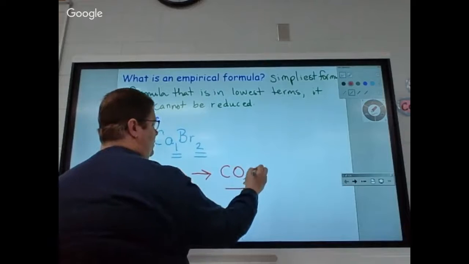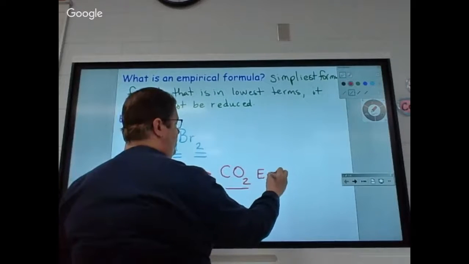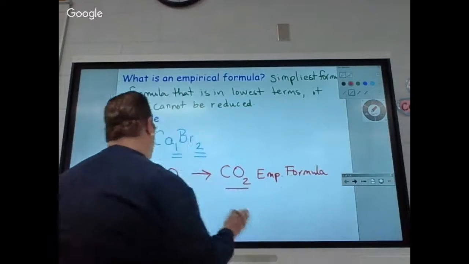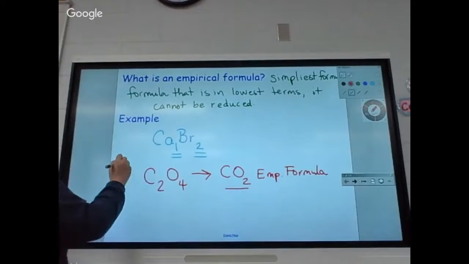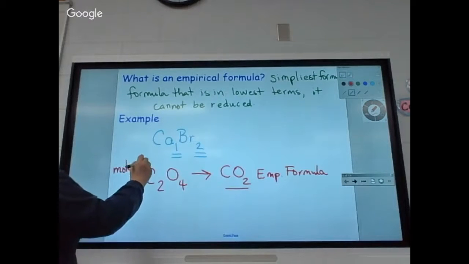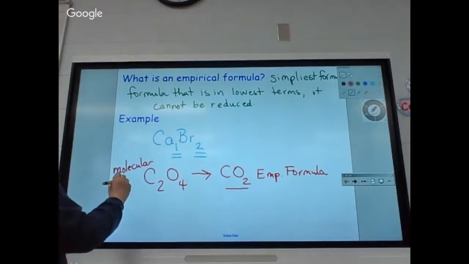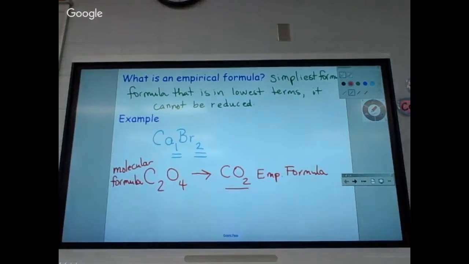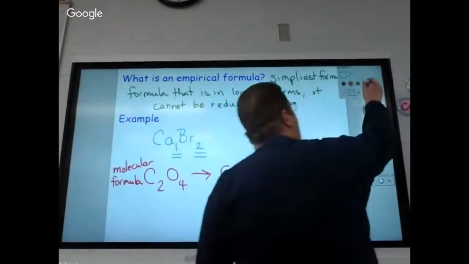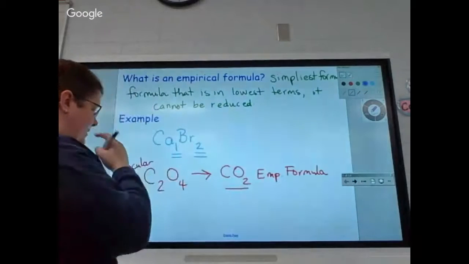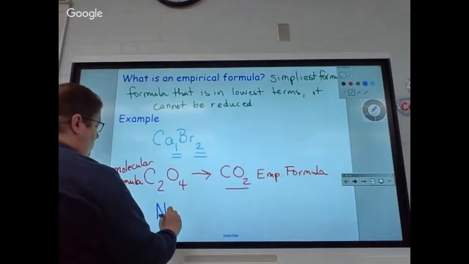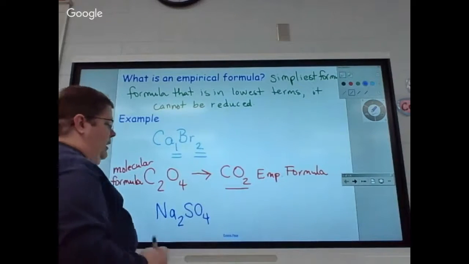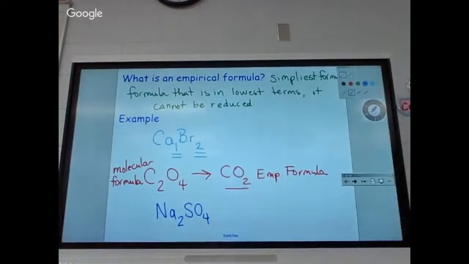So this is the empirical formula. This is what we call the molecular formula. And we're going to talk about it after a while. Okay? Now, sometimes we have something like this, which confuses people. Is that empirical or molecular?